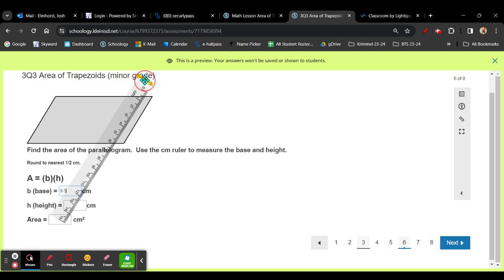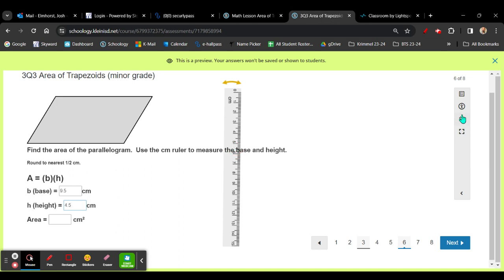This side length for a parallelogram is not going to give you square units because it's not squared up. It's not at a right angle. So you need to turn it straight up and down as best you can and measure the vertical, straight up and down perpendicular height. So what is the height straight up and down? 4.5.